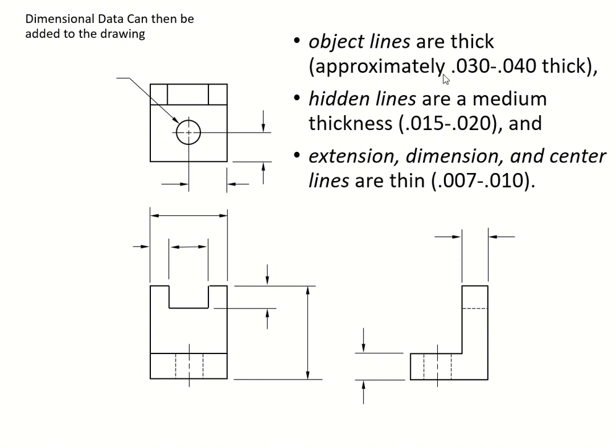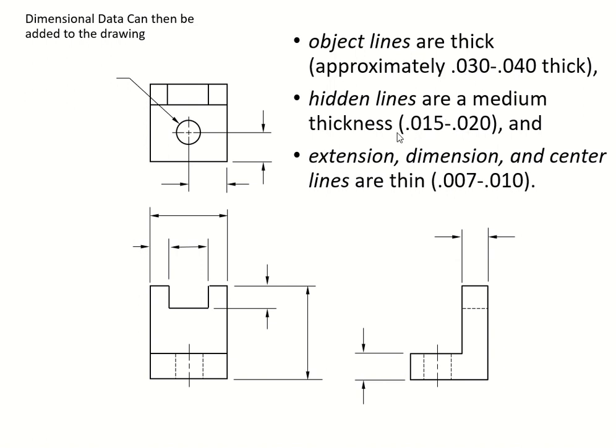We have, of course, object lines, hidden lines, extension lines, dimension lines, and center lines. They are different. These lines are not just any line. Their thickness is different. Object lines are about 0.03 to 0.04 thick.